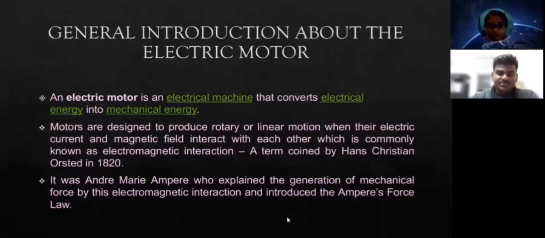Motors are designed to produce rotary or linear motion when their electric current and magnetic field interact with one another, which is commonly known as electromagnetic interaction, a term coined by Hans Christian Ørsted in 1820. It was André-Marie Ampère who explained the generation of mechanical force by this electromagnetic interaction and introduced Ampère's force law. On to the next slide.